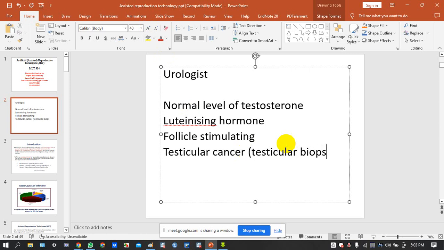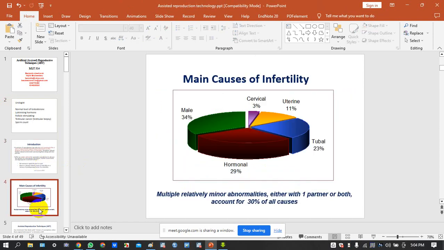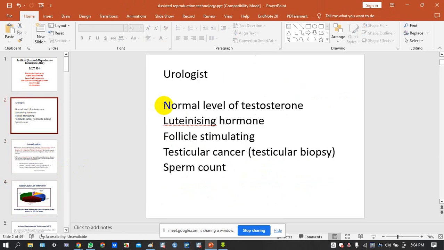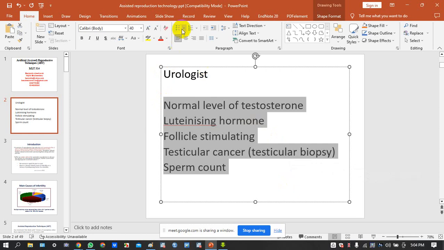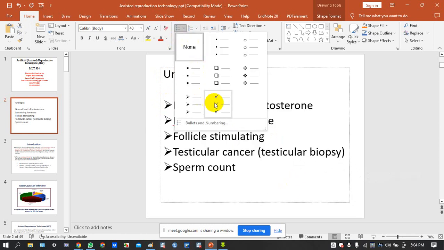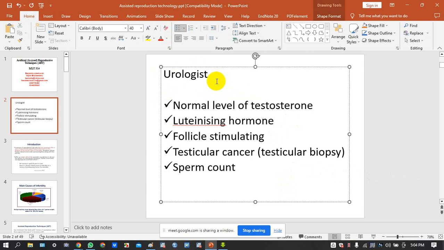We take a small section of the tissues of the testes and study whether there is cancer there. You also have to do the sperm count, to look at the morphology of the sperm and also the integrity of the sperm. So the male factors have been spelled out here. Upon consulting a urologist, the male can have his infertility situation worked up for him.